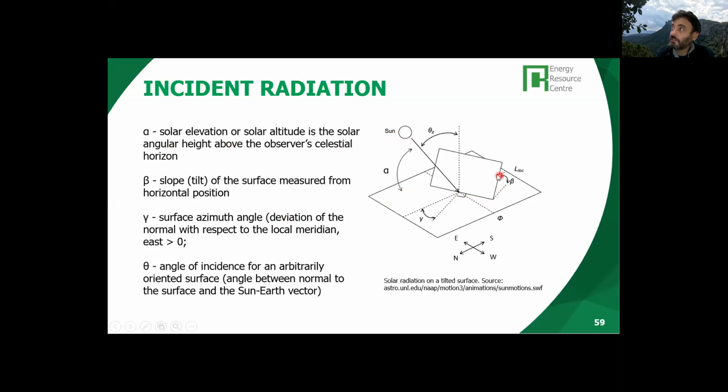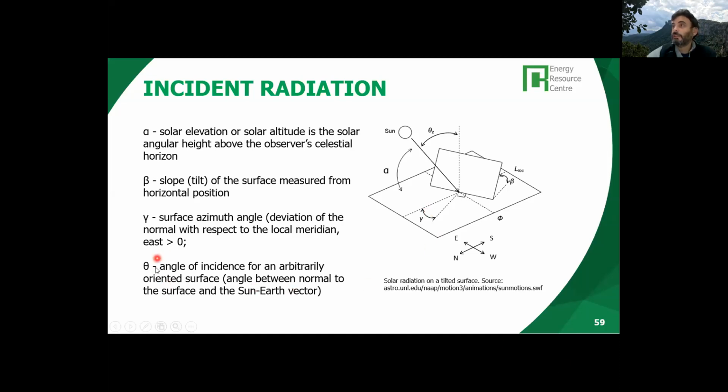The beta is the inclination or the tilt of the panels, how high or how flat we will put the panels. And the azimuth will be the deviation towards the north, towards the equator, whether it is facing north or northwest, northeast.